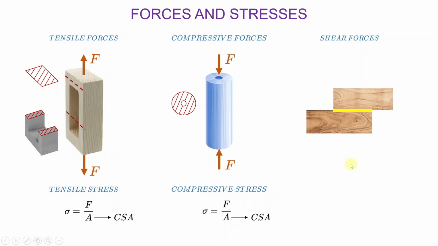Now if we apply forces in that direction, as you can see, one to the left and the other to the right, then you will see that the glue here will be in shear, because it will have a tendency to spread because of the direction of the forces acting on these two wooden planks.